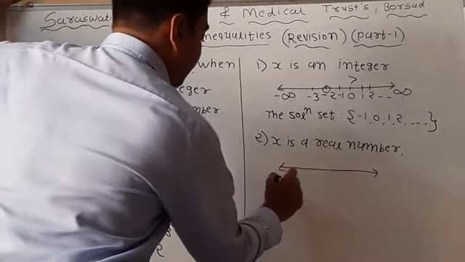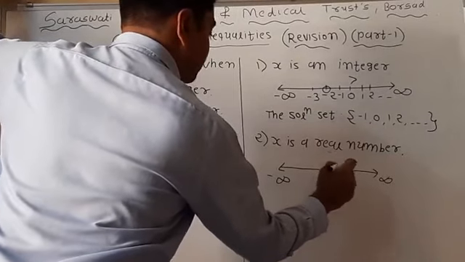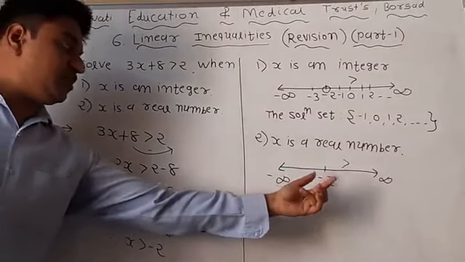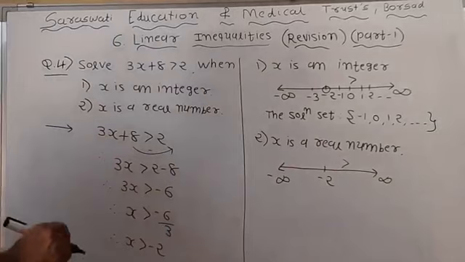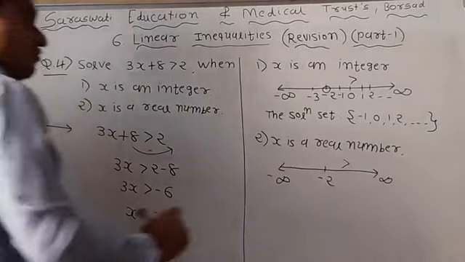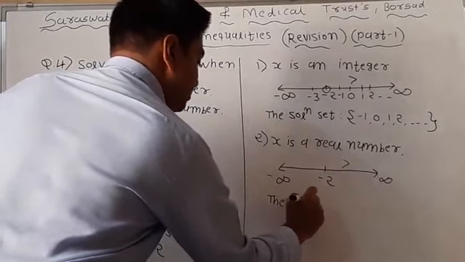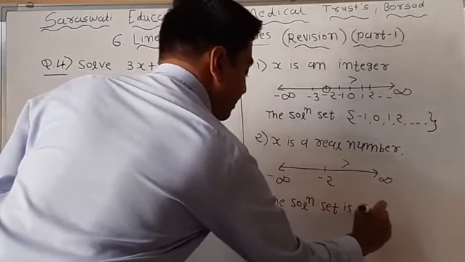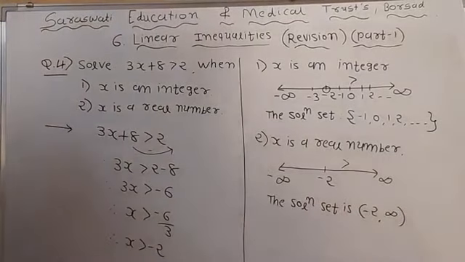Now here minus infinity, infinity, minus 2 is present. Greater form is present. That means our answer is lying between minus 2 to infinity, but open interval form is present. So the solution set is the open interval minus 2 to infinity.